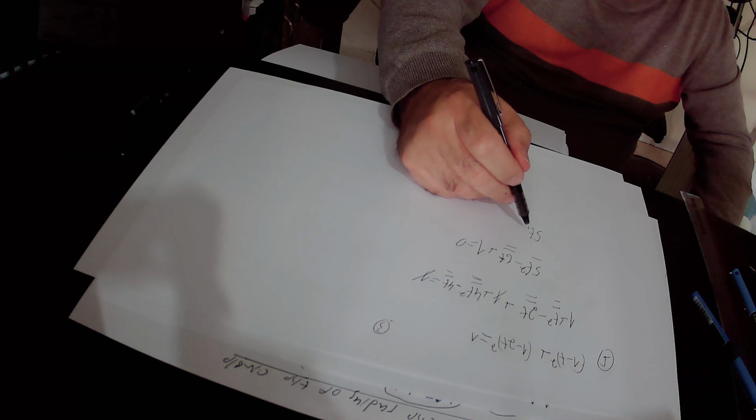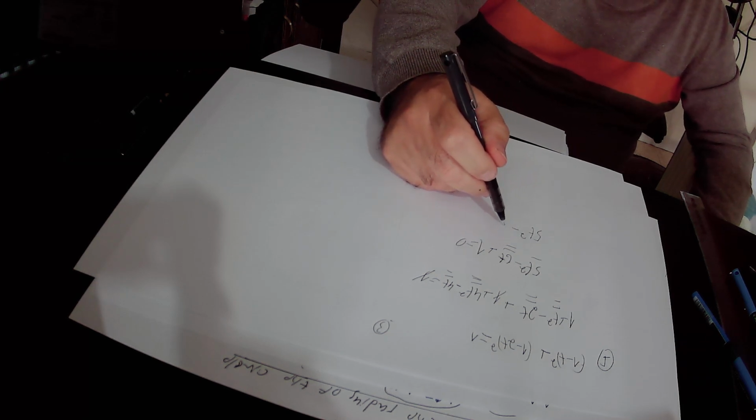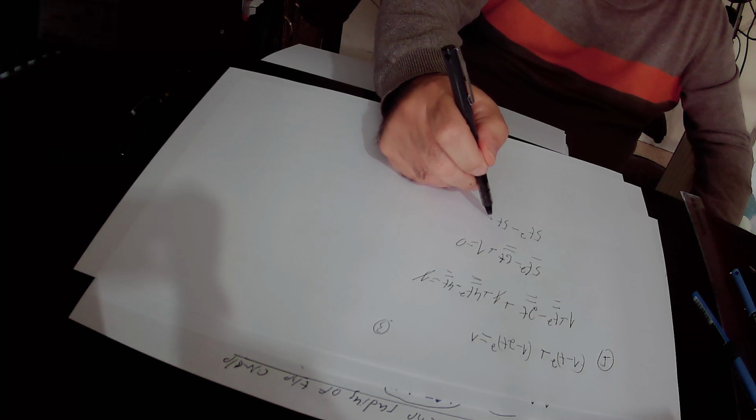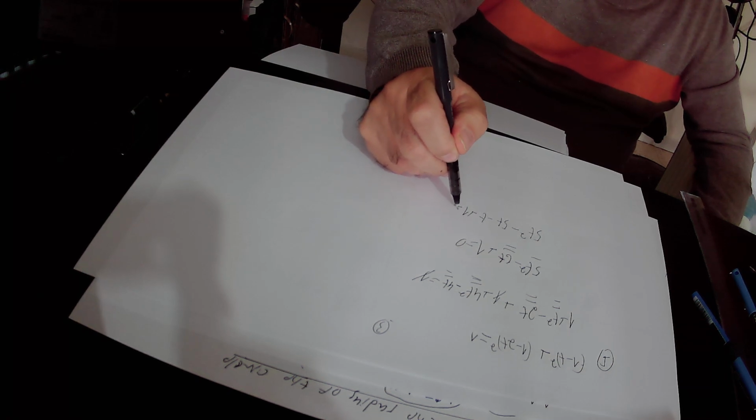5t squared minus 6t is minus 5t minus t plus 1, equal to 0.